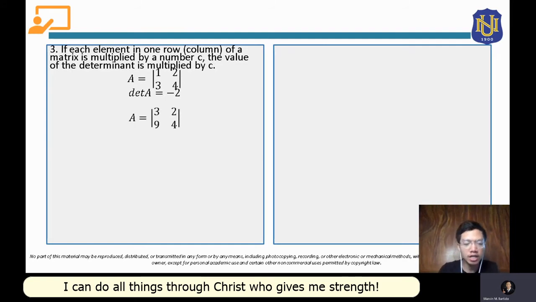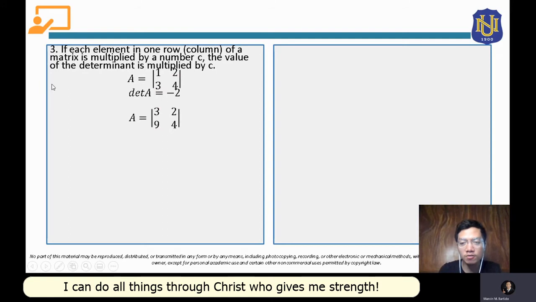If we have another matrix that is similar to this given matrix, the only difference is the first column, which is the first column of this matrix multiplied by a number C. The number C here is actually 3, right? Because 1 times 3 is 3, and 3 times 3 is 9.